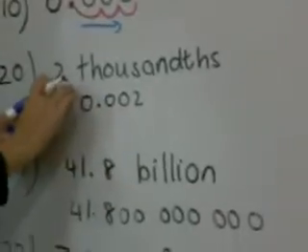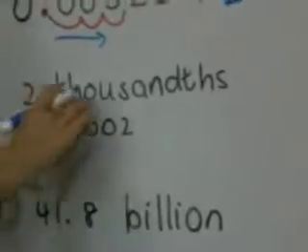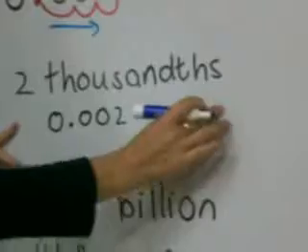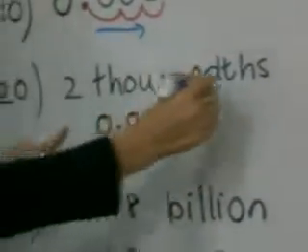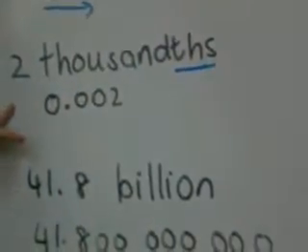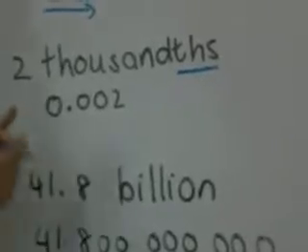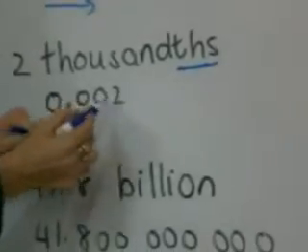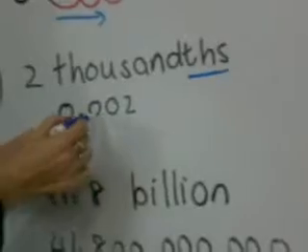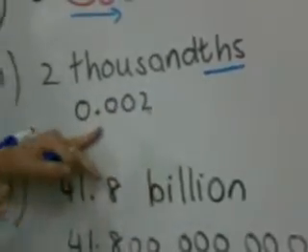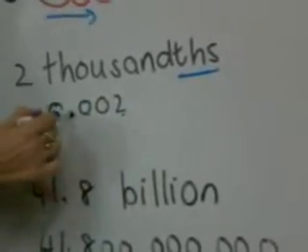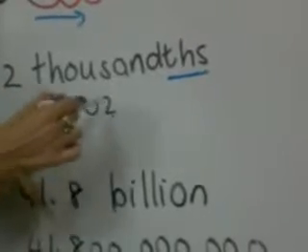Now here, this one says 2 thousandths. That tells me it's a small number. A thousandth means there's 1, 2, 3 places after the decimal point. So I'm going to have 0.002.